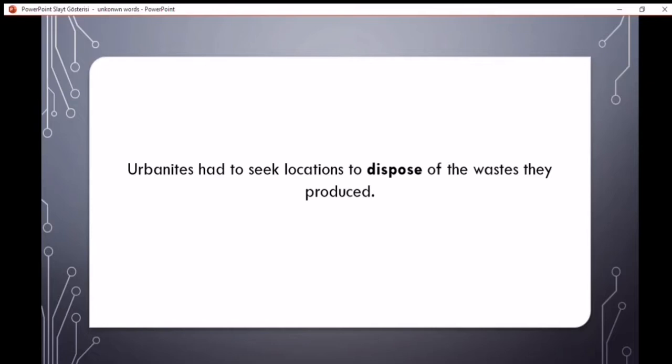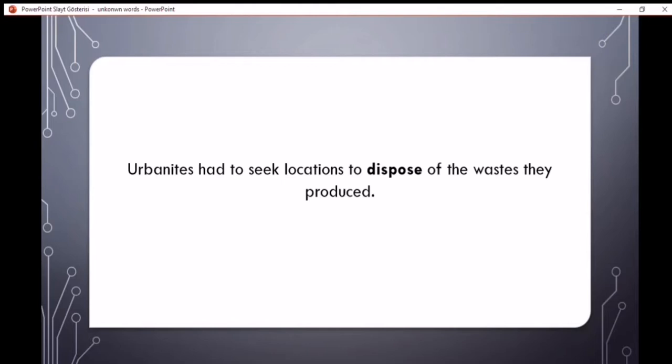what the wastes? Now, we can't find the tone because we don't know the whole passage, but the function is a verb. It's an action. And the word is directly connected to waste because dispose of the wastes. And because it's a waste, what do we do with the waste?